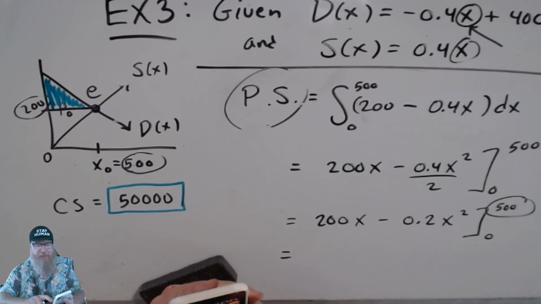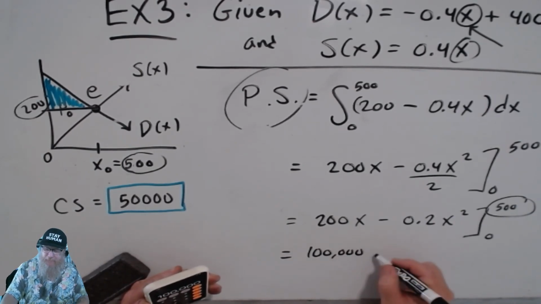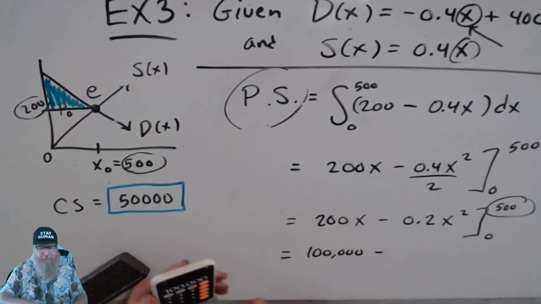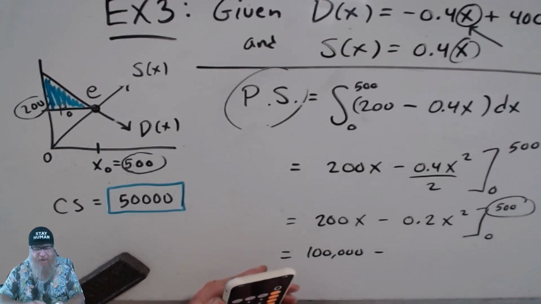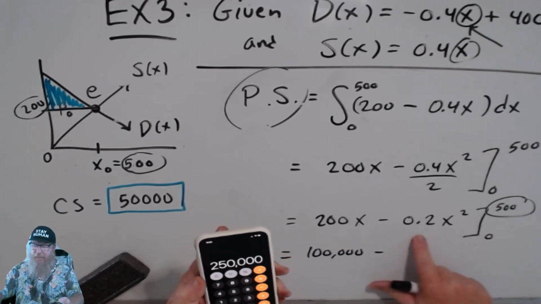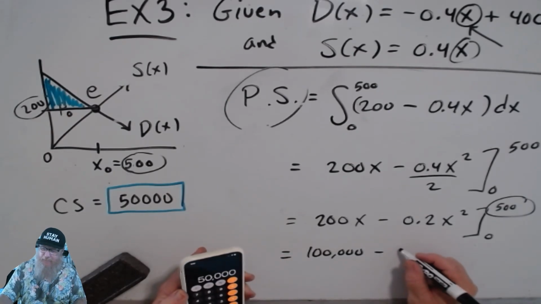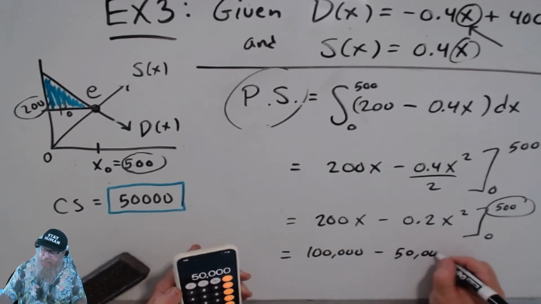So 200 times 500 is 100,000. And then 500 squared, 250,000 times 0.2. Oh, look, they match.